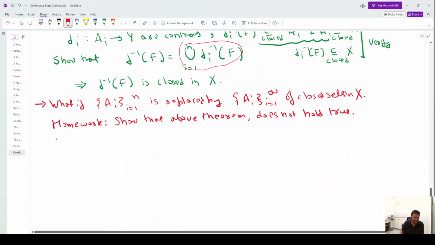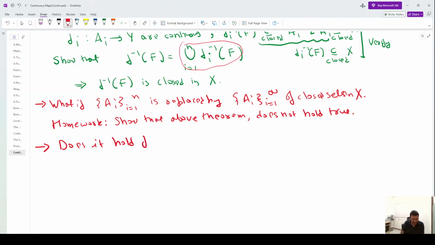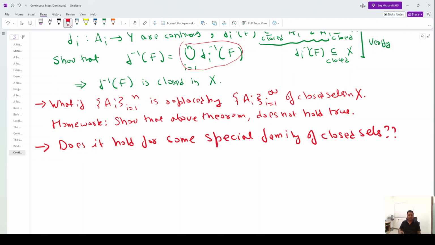So the next question is, does it hold for some special family of closed sets? Okay, if it doesn't hold for any family of closed sets which is not finite, then does it hold for something?